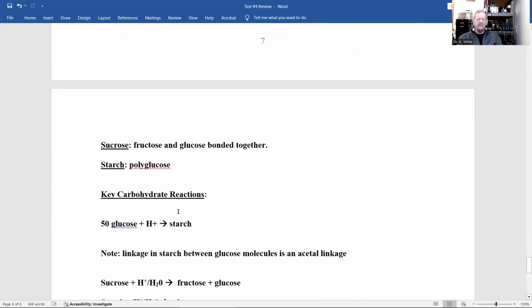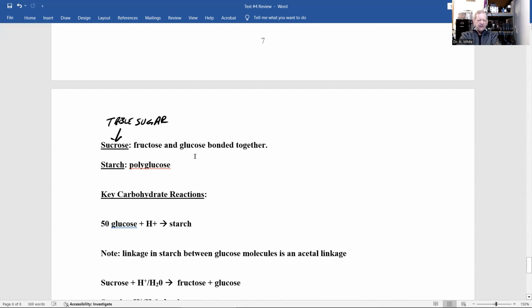Now, why is this? 2 things you should know. What is sucrose? That's table sugar. That you should know. The white granular solid you put in your coffee, tea, or when you're cooking to sweeten things up. And you should know it's made up of fructose and glucose bound together.